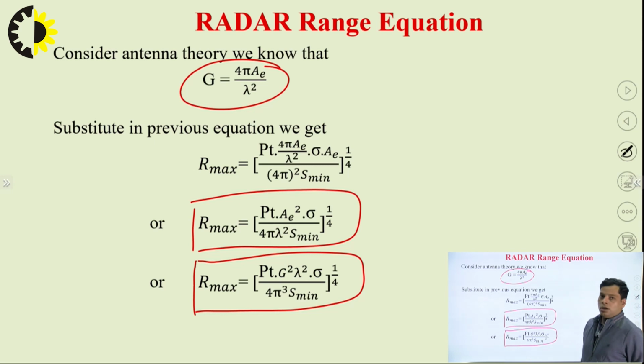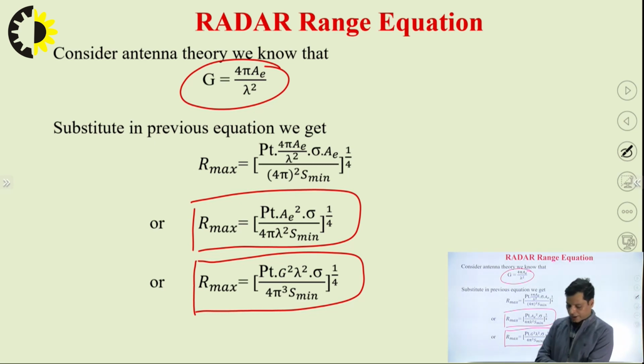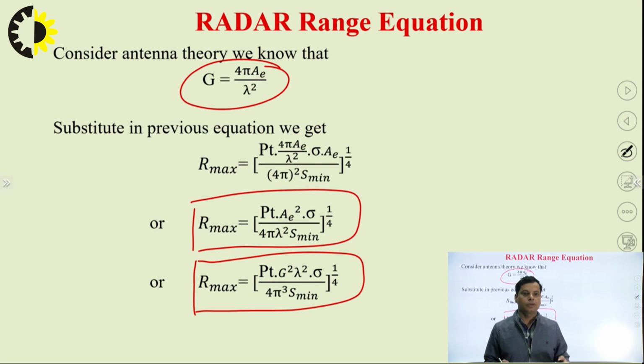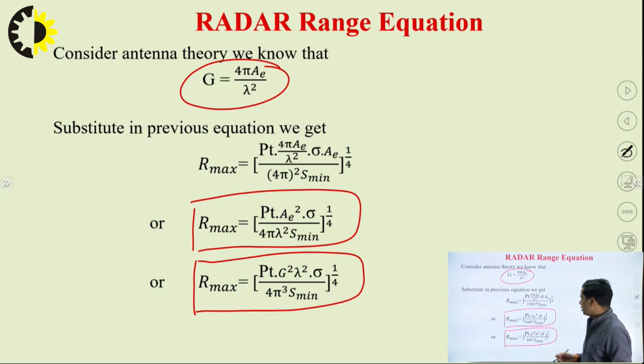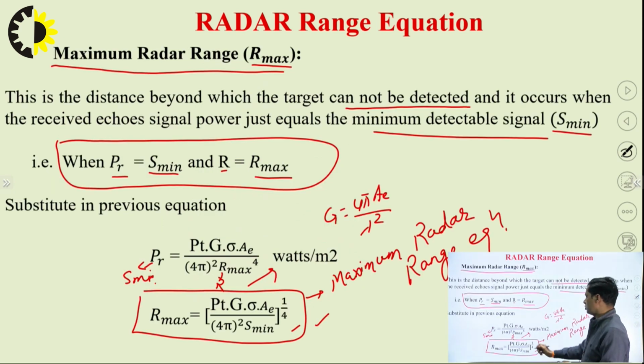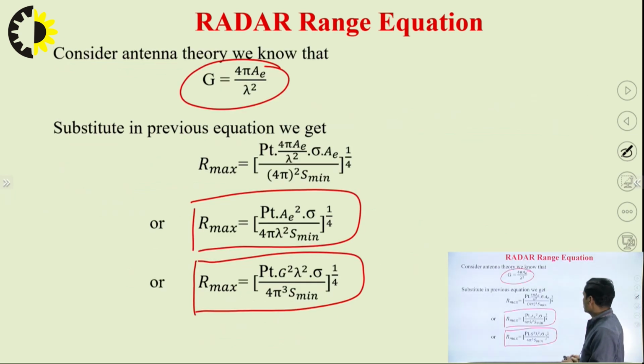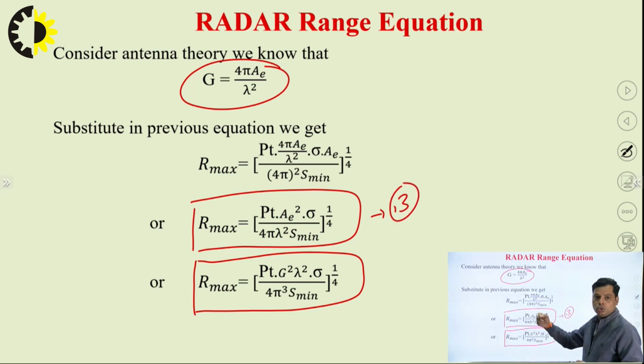Before moving ahead to discuss the other factors on which the maximum radar range equation depends, one important thing we have to consider is the transformation from equation A to equation B, that is, from G to AE.